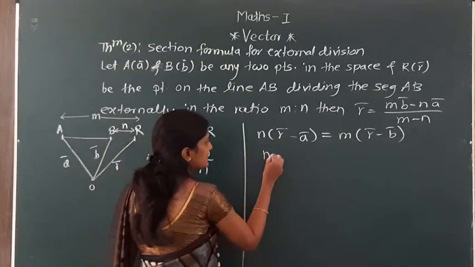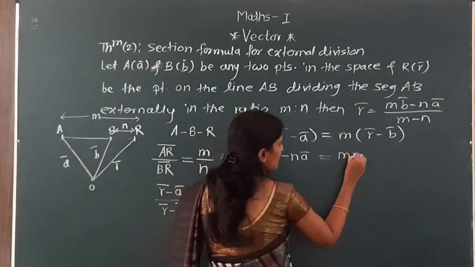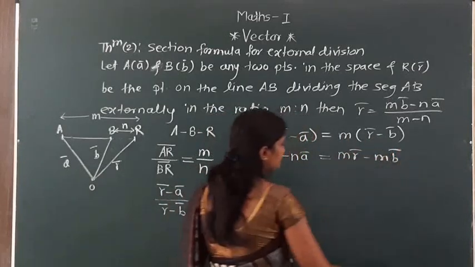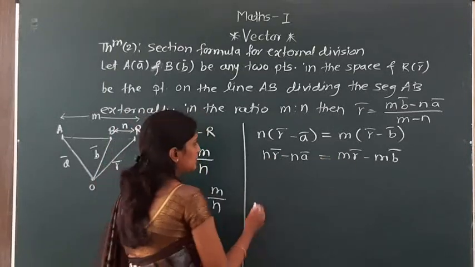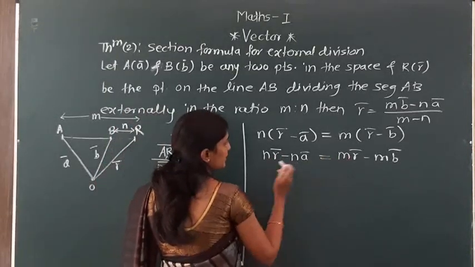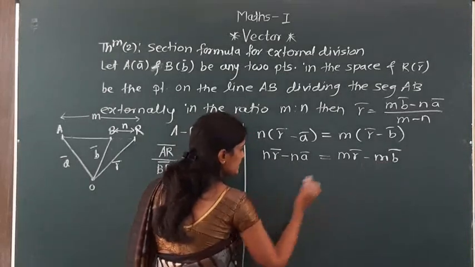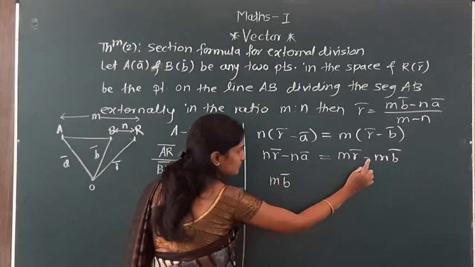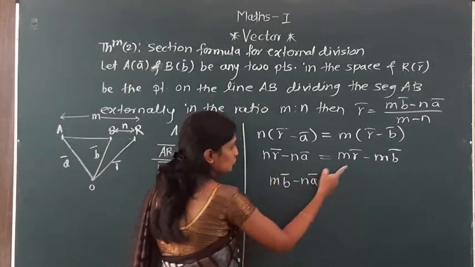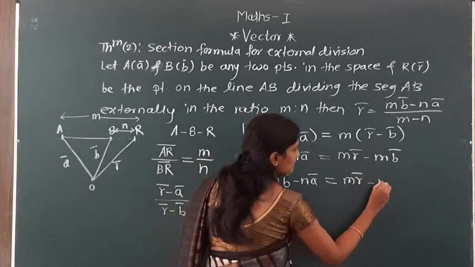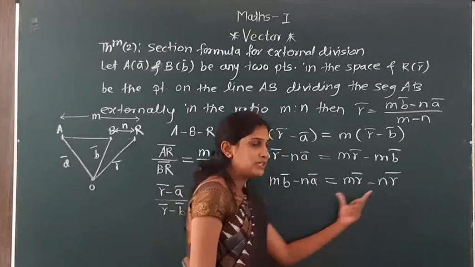Multiplying the brackets, n R bar minus n A bar is equal to m R bar minus m B bar. We take the R bar terms to one side: m B bar minus n A bar is equal to m R bar minus n R bar. We get R bar common.